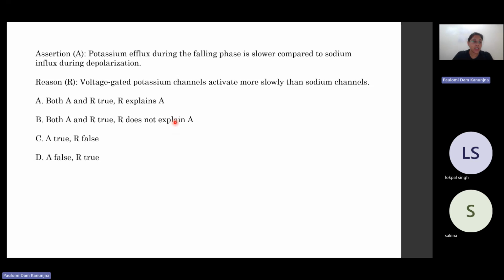Yeah, a few more questions. So, potassium efflux during the falling phase is lower compared to sodium influx during depolarization. Voltage-gated potassium channels activate more slowly than sodium channels. Read the two terms and then think. We already discussed this.